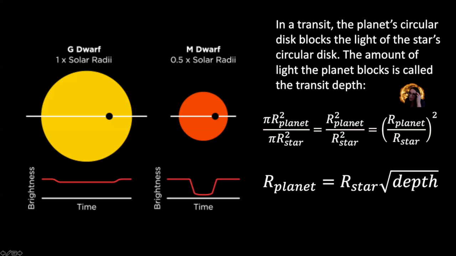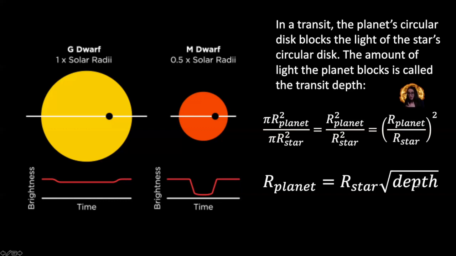So if our planet over our star, squared, equals the transit depth, we can solve this equation for the radius of the planet. So the radius of the planet equals the radius of the star times the square root of our transit depth.